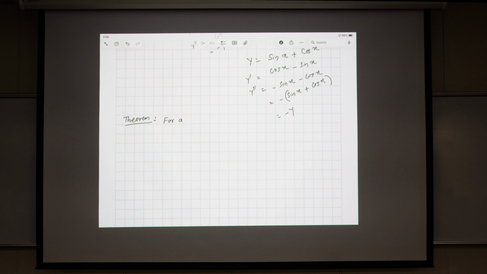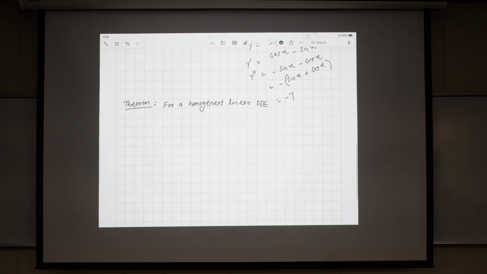For a homogeneous linear ODE, let's say y double dash plus p x y dash plus q x y is equal to 0. I'm saying homogeneous, that's why it's 0. That means r x is equal to 0.